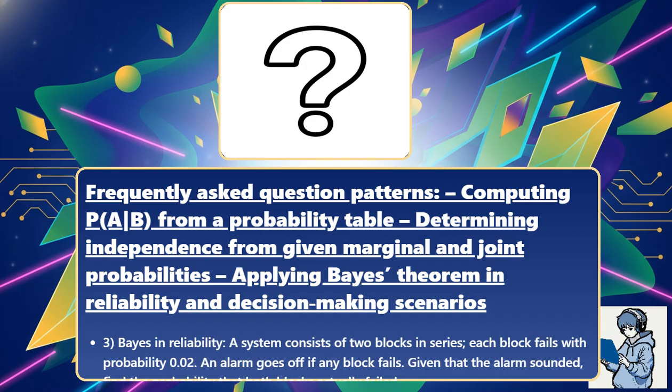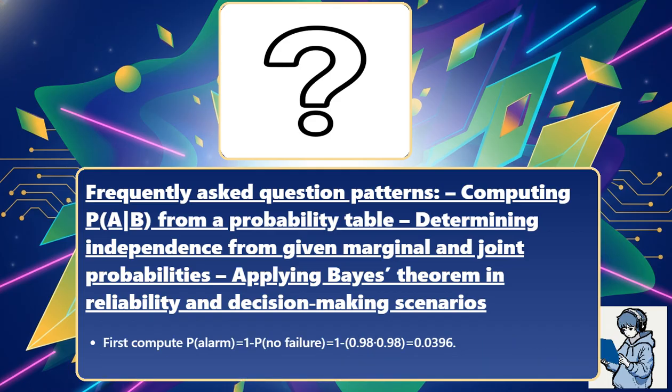Bayes in reliability. A system consists of 2 blocks in series. Each block fails with probability 0.02. An alarm goes off if any block fails. Given that the alarm sounded, find the probability that both blocks actually failed. First, compute P(alarm) equals 1 minus 0.98 times 0.98, which is 0.0396.